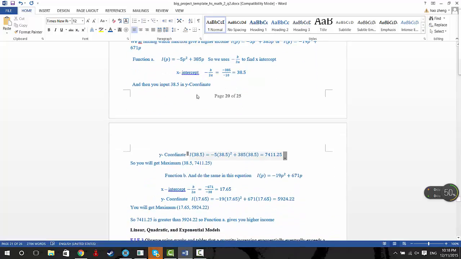You put it in for the p, and you get this, and this is the y-coordinate of the quadratic, so it's the highest point of this thing, and 38.5 is the x-coordinate.